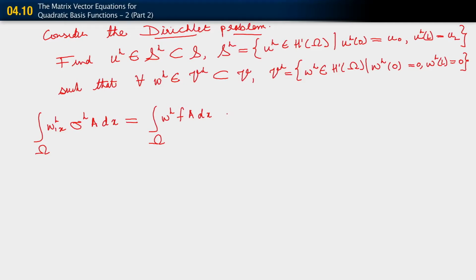Now, because of the nature of our weighting functions, here's what we have. If this is our domain, omega, and let's suppose that we are working with quadratic basis functions, those are our nodes for element 1, and those are our nodes for element NEL. So this is element omega 1, that is element omega NEL.